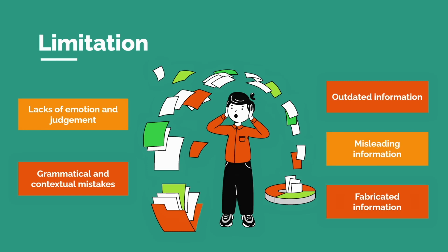Cross-referencing is very important. Users should exercise critical thinking and view ChatGPT as a helpful resource rather than an absolute authority. By understanding these limitations, we can utilize ChatGPT responsibly and effectively.